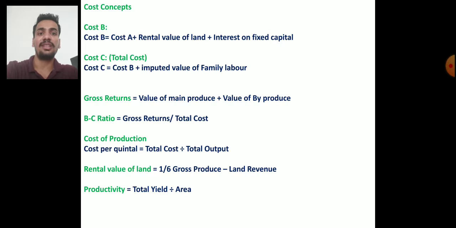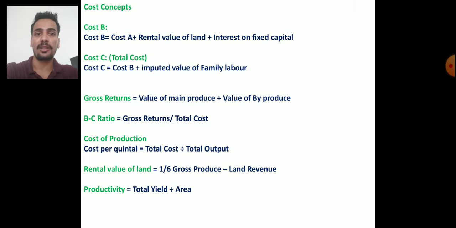Now what is cost of production and what is cost of cultivation? So cost of cultivation is cost per hectare or cost per unit area. It may be cost per hectare or cost per acre. It is cost of cultivation. And what is cost of production?